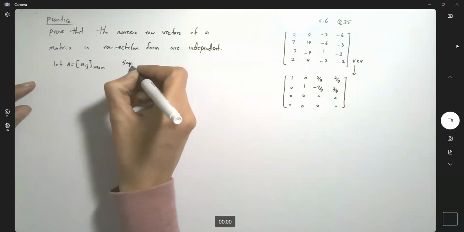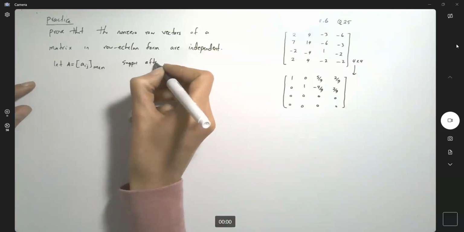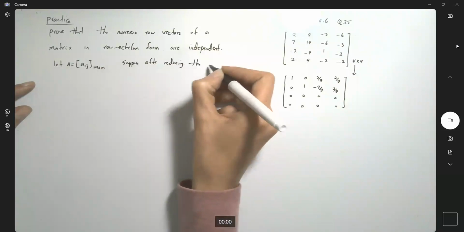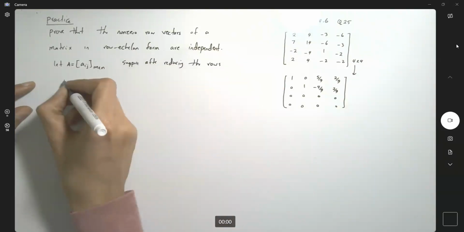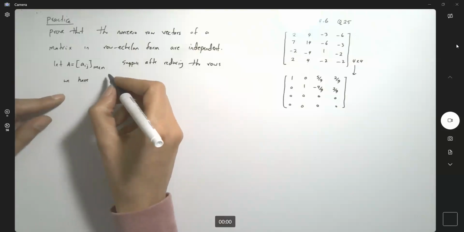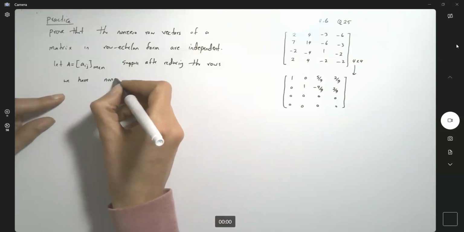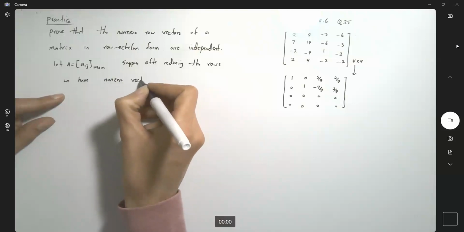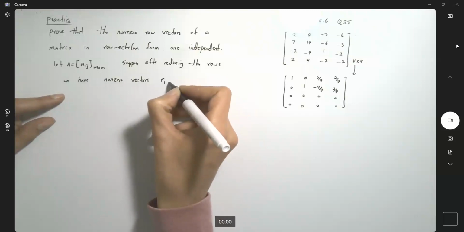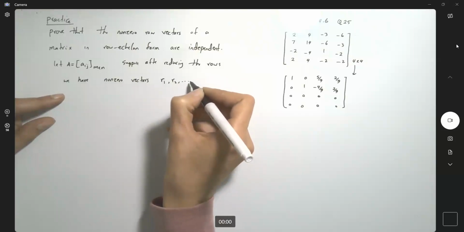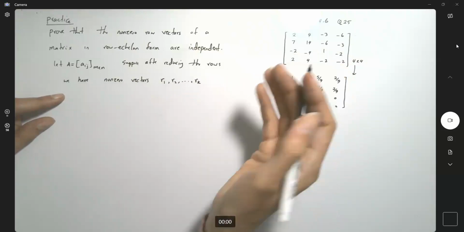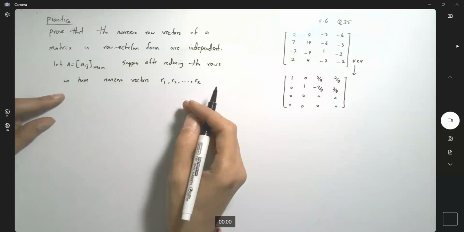Suppose after reducing the rows, we have non-zero vectors represented by R1, R2, and Rk for the original matrix, all right?